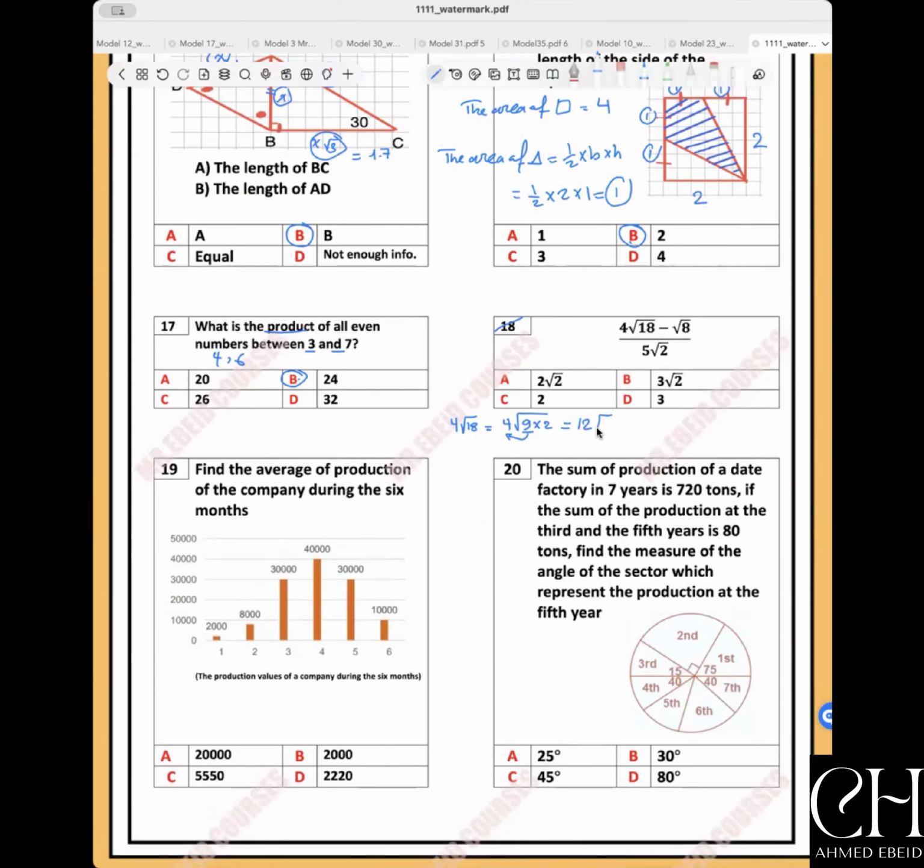So we have 12 root 2. And root 8 is 2 root 2. So we have 12 root 2 minus 2 root 2, which equals 10 root 2, over 5 root 2. Now simplify. You can eliminate root 2 with root 2. 10 divided by 5 equals 2. So the answer is C.